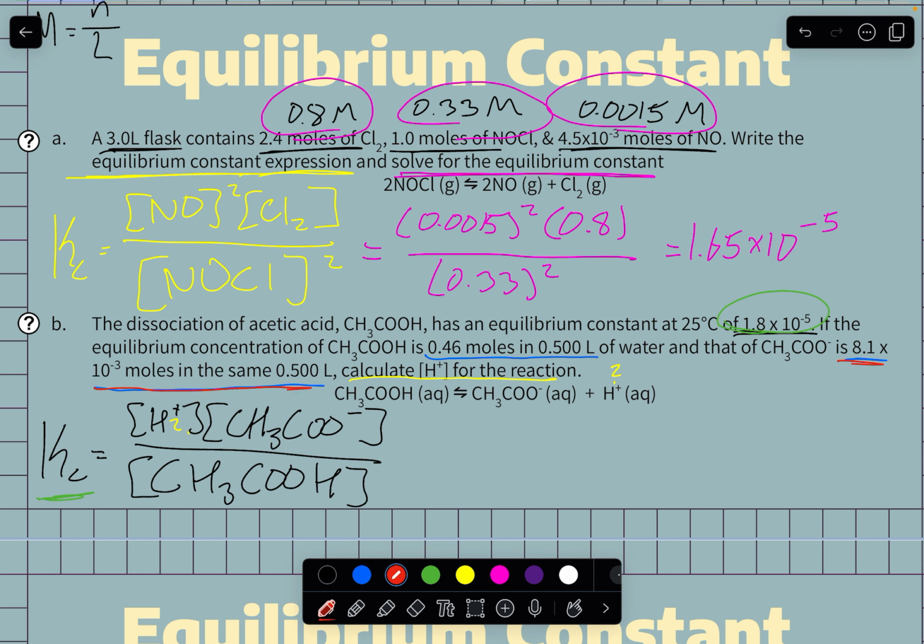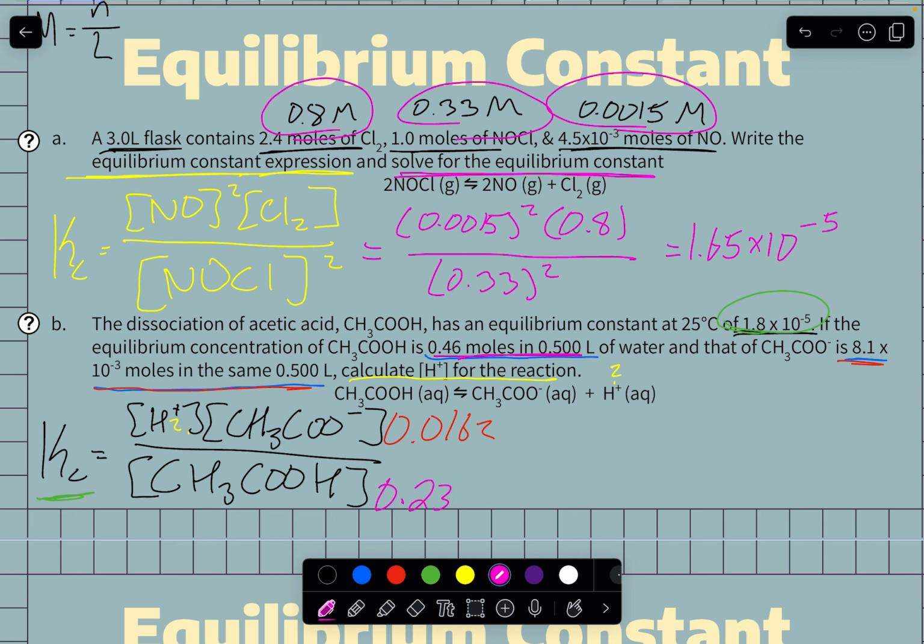So if we do 8.1 times 10 to the negative 3 divided by 0.5 liters, we get 0.0162. And then for our CH3COOH, we had 0.46 moles in half a liter, so that would be 0.23.